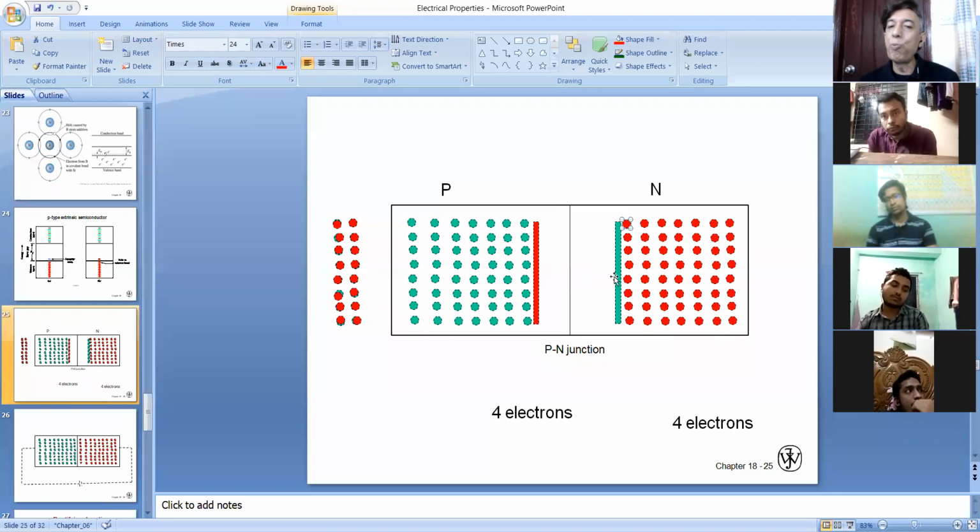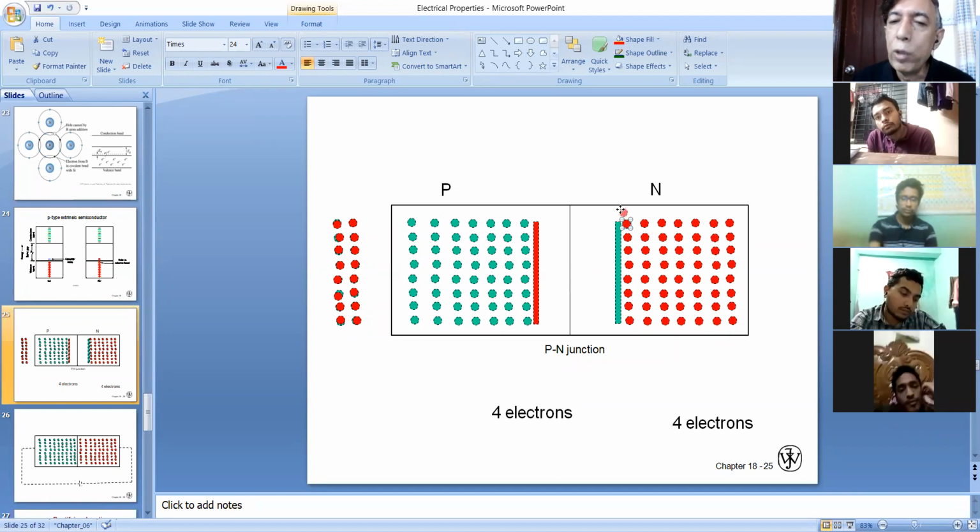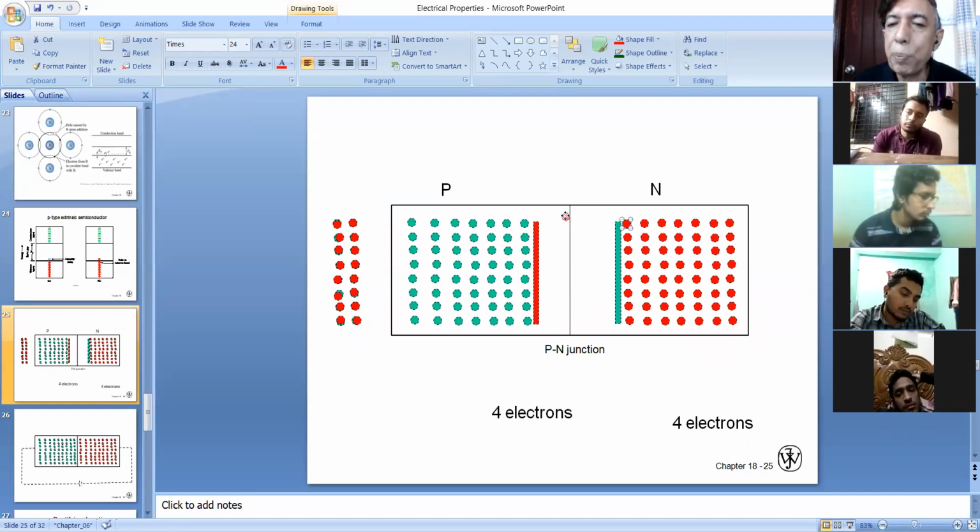These zones are like a barrier to the electron that wants to go here. When this electron wants to go here, this zone of negative charge repels it and it goes back to its original position.